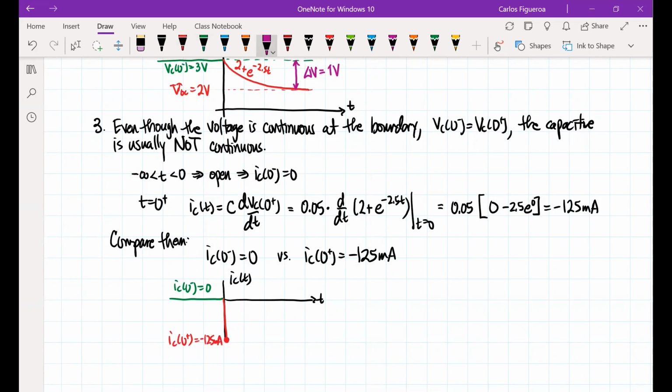So from here to here, it's discontinuous. There's a discontinuity at t equal to 0, as we would expect.